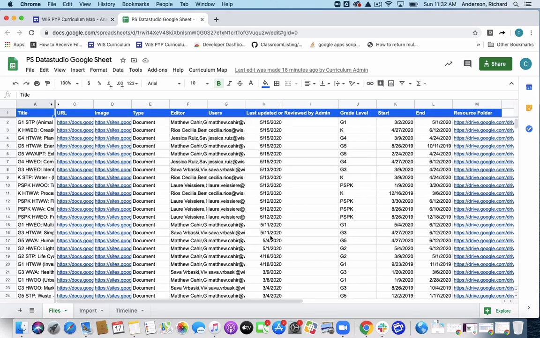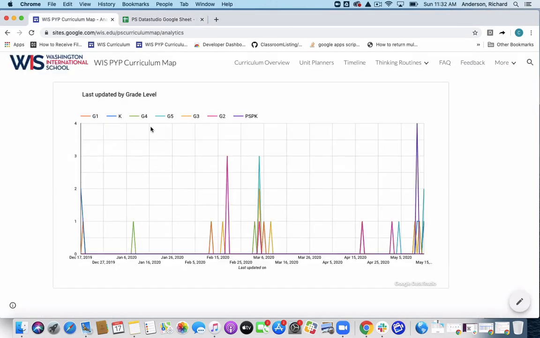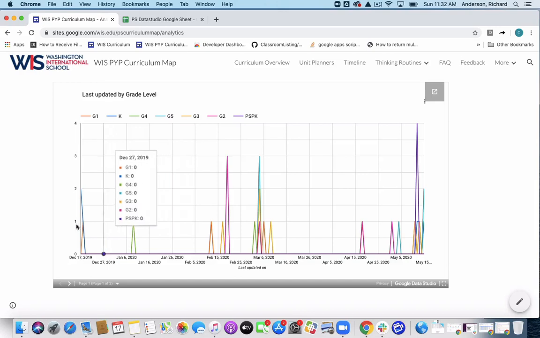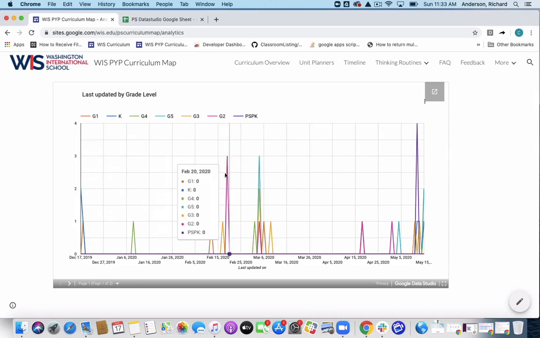So the two pieces of data that I'm taking are this one and then the unit planner, the name of the file essentially. And I'm layering that into a time series chart in Data Studio. And what this does is it tells me sort of by grade level the last time a given unit was particularly updated. So this is great.